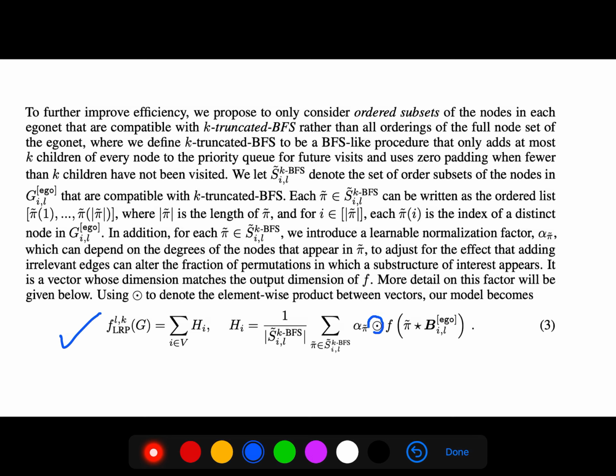And this pi tilde here is the index of a distinct node in the ego graph. And this alpha is the normalization.